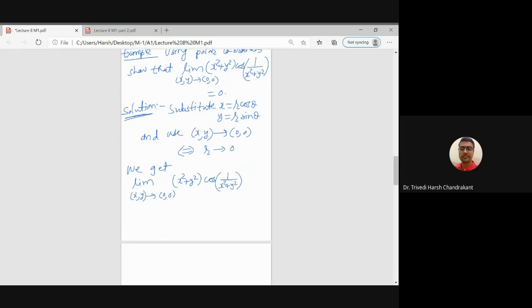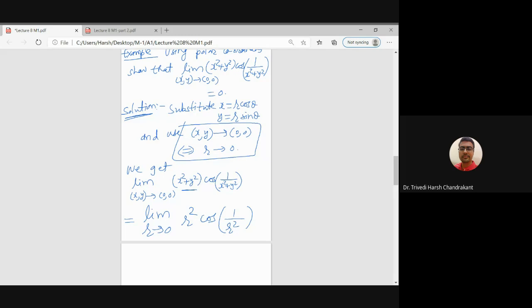So let us substitute all these things. The limit as (x, y) approaches (0, 0) becomes the limit as r approaches 0. In our function, if we substitute x equal to r cos theta, y equal to r sin theta, then x squared plus y squared becomes r squared, and the cosine becomes cosine of 1 divided by r squared. The cosine function stays as it is.